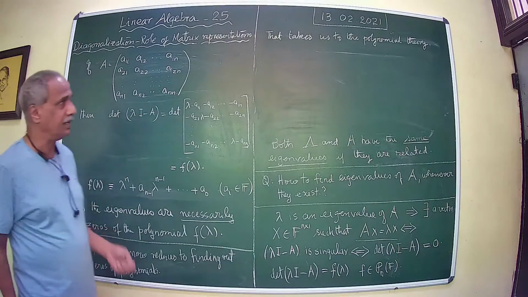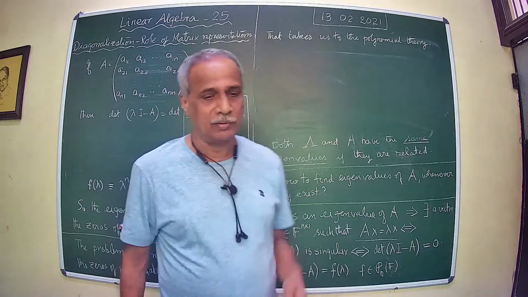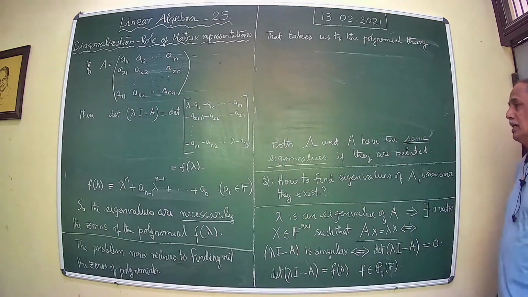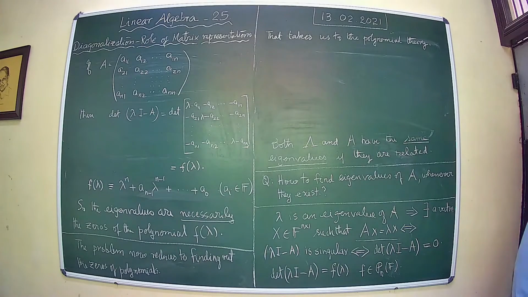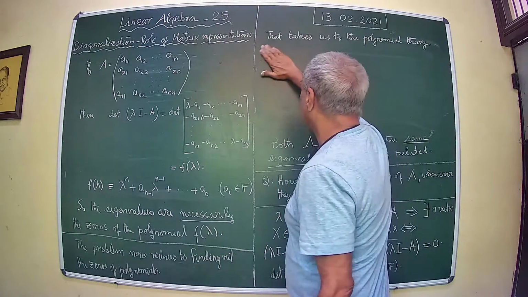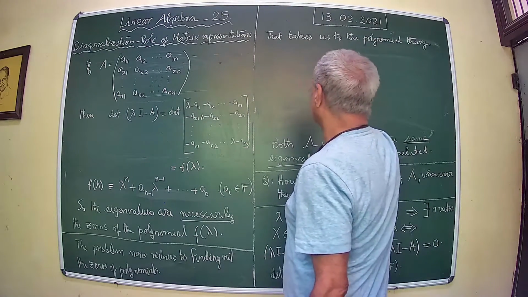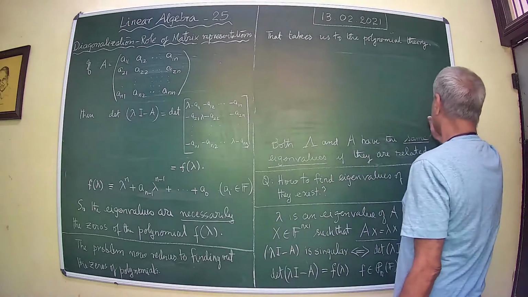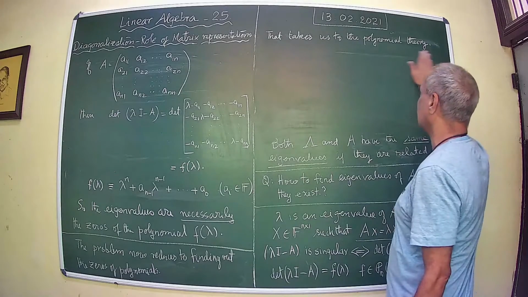This is quite often in mathematics. There are many problems for which we may not be able to explicitly compute the solution. However, we may be able to say that there exists a solution. It's quite often you see these kinds of problems.